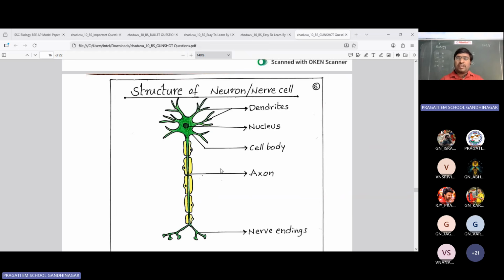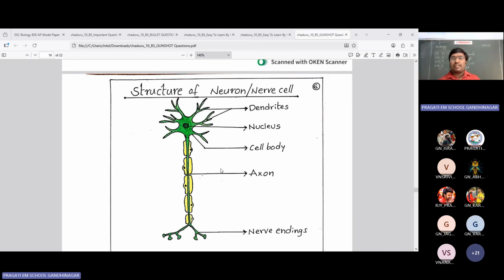A prominent nucleus is present in the cell body. Then the axon is covered by the myelin sheath. The yellow colored part is the myelin sheath, children. In the myelin sheath, there are gaps.